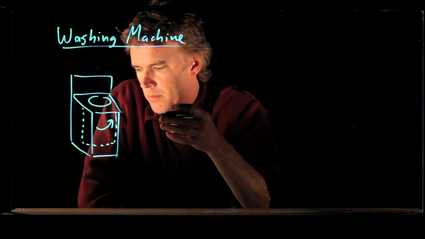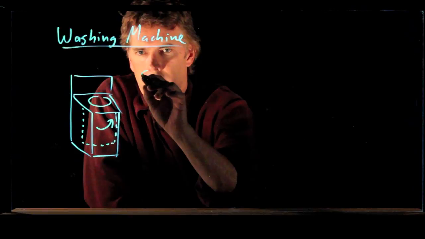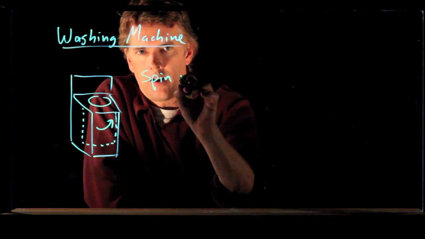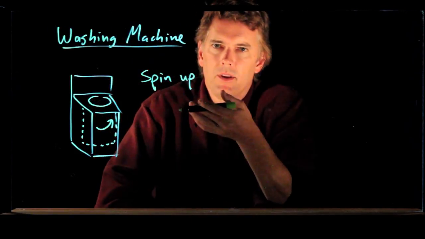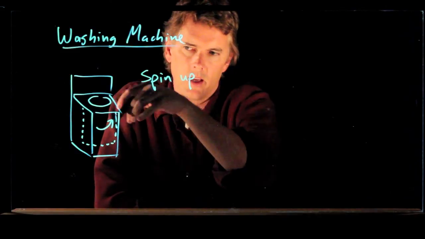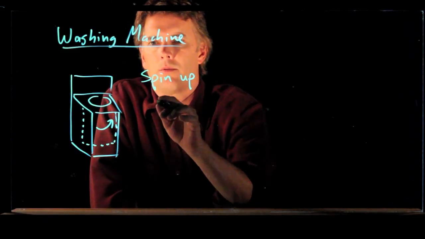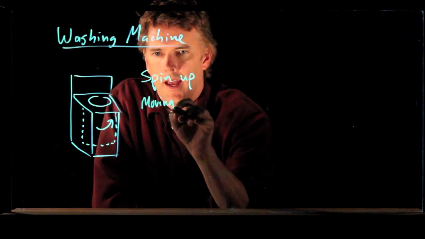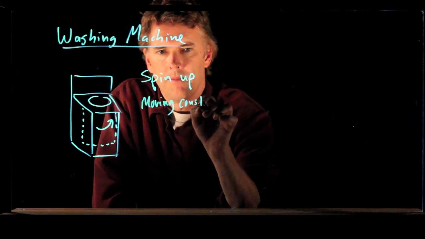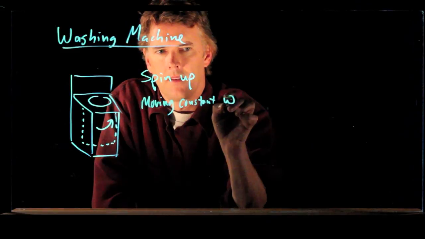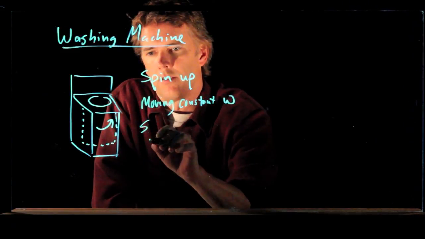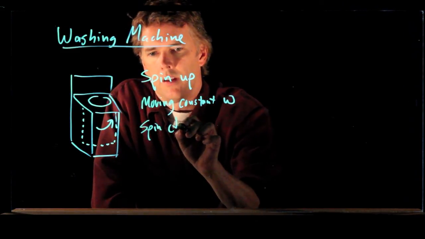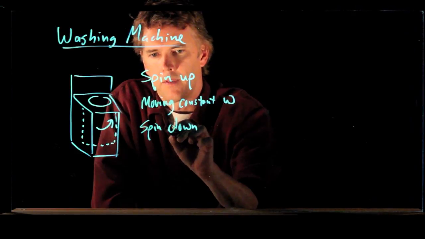Okay, and now the washing machine has regions of time where it is spinning up, it's accelerating angularly. It has regions of time where it is moving at constant omega. And it has regions of time where it is slowing down. Okay?